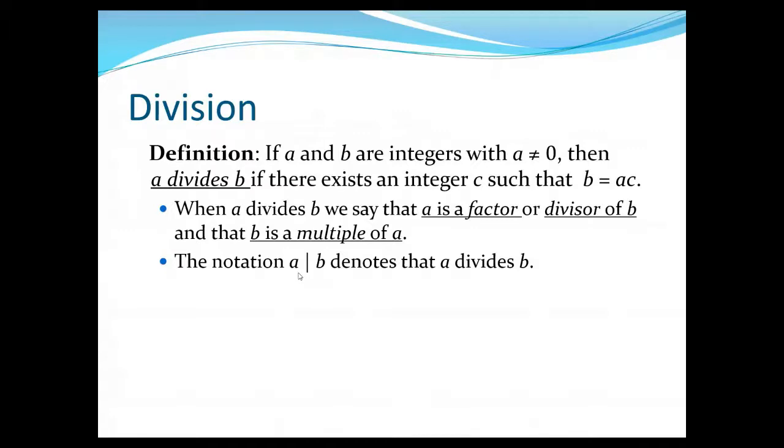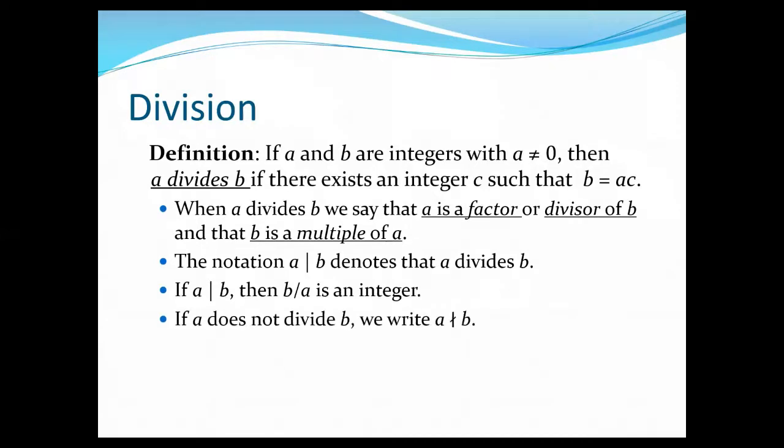When we read this, we say a divides b. And if a divides b, then b divided by a is an integer. Again, it should be a whole number, so that we could say that a is a factor of b.